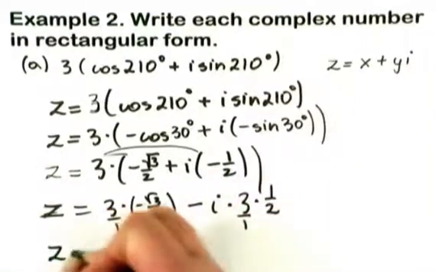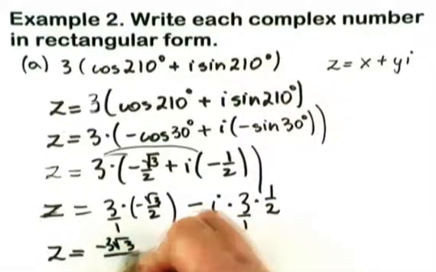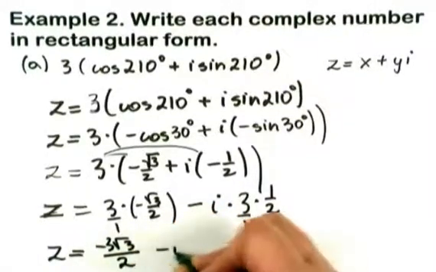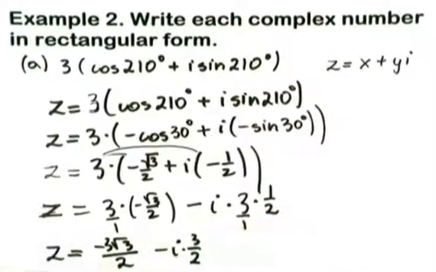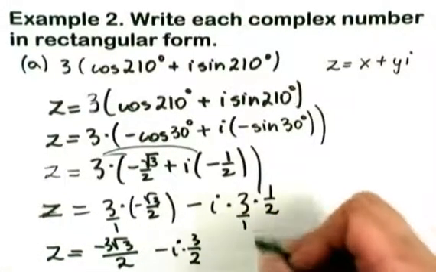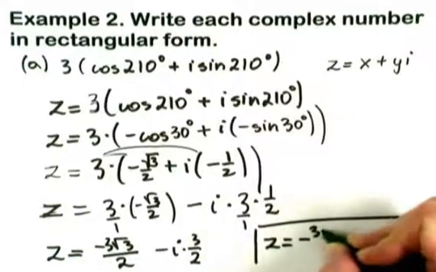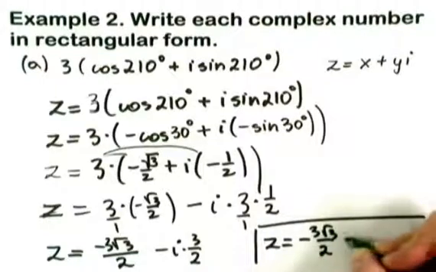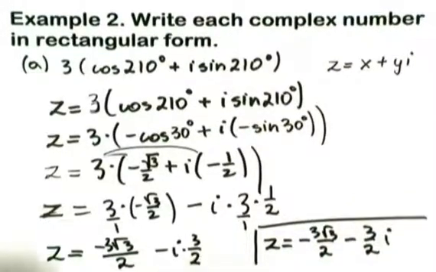So z is equal to minus 3 root 3 over 2 minus 3/2 i. Here, in multiplication, the i can go to the back.